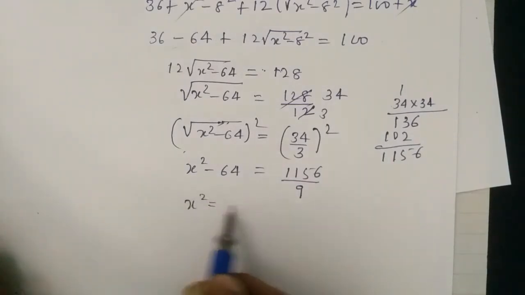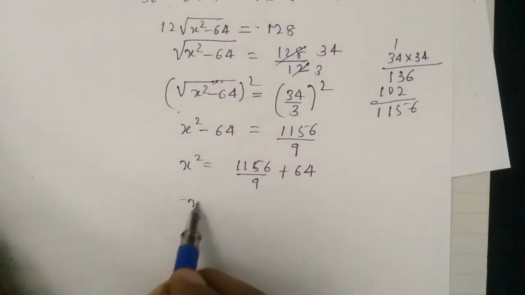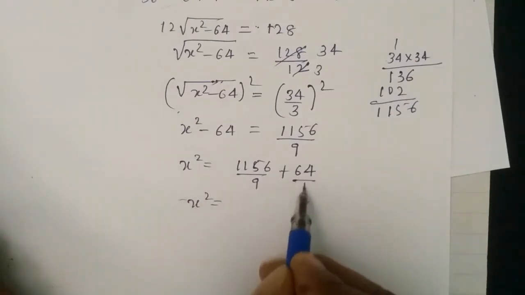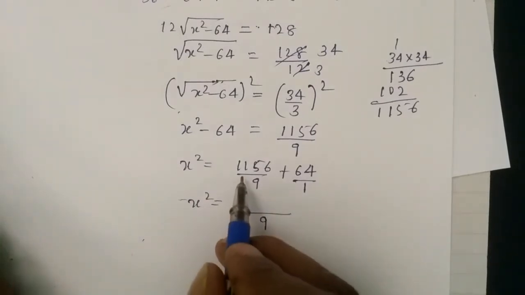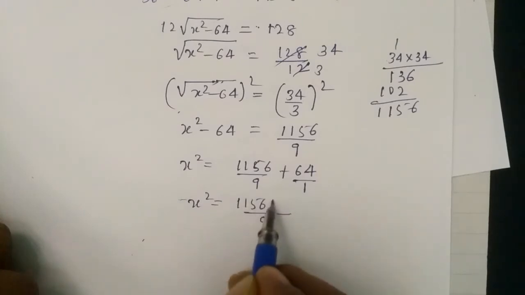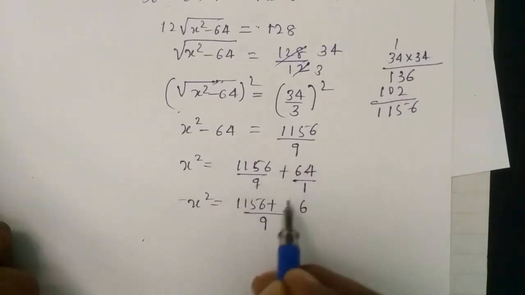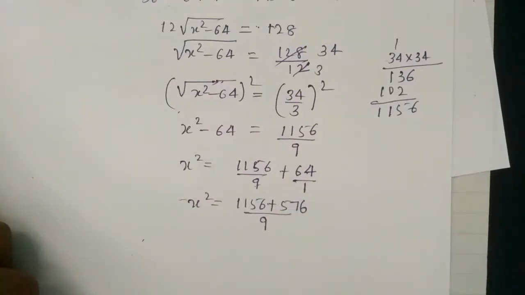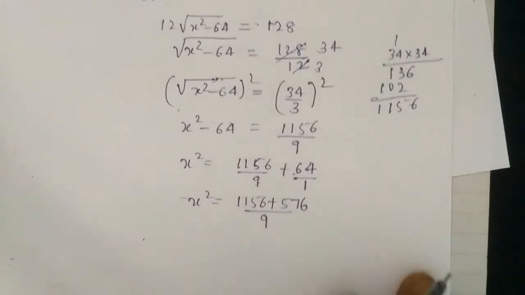So x square equals to 1156 by 9 plus 64. X square equal to, so we go for LCM, 9. 9 is the LCM, and it is 1156 plus 9 into 64, it is 36, 3 carry is a 57, you'll get 576, okay, 36 is a 54, 54 plus 3, 57.